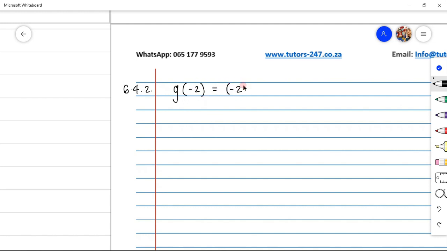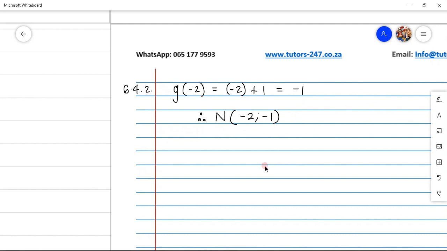So that is going to be -2 plus 1, which therefore gives us -1. So we can conclude that the n coordinates are -2 and -1. So those are our n coordinates. Because n was a point on the line G, we used the equation of G, substituted the x value of n in order to get the y value.